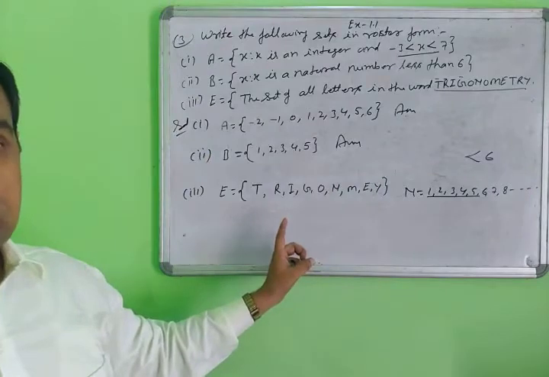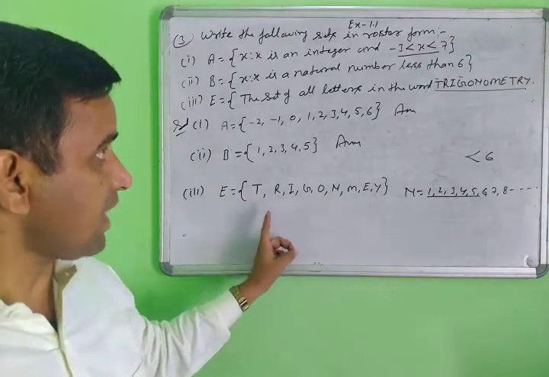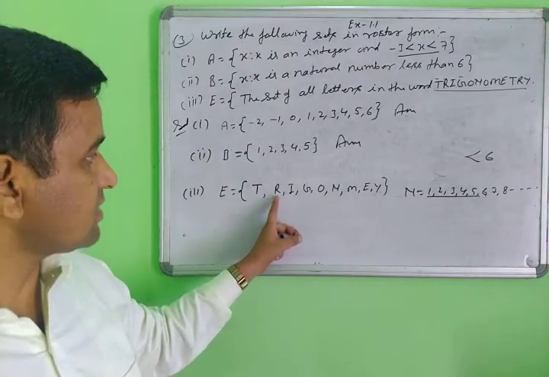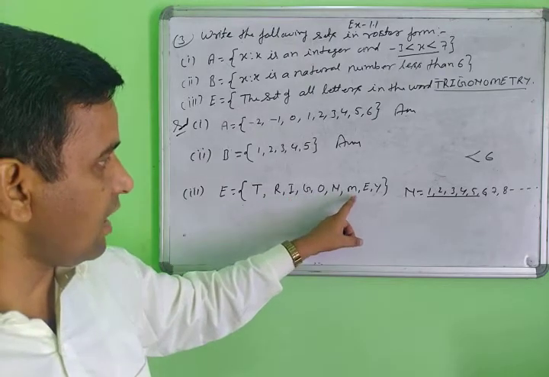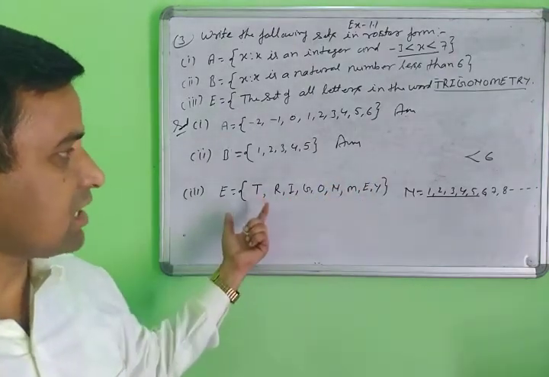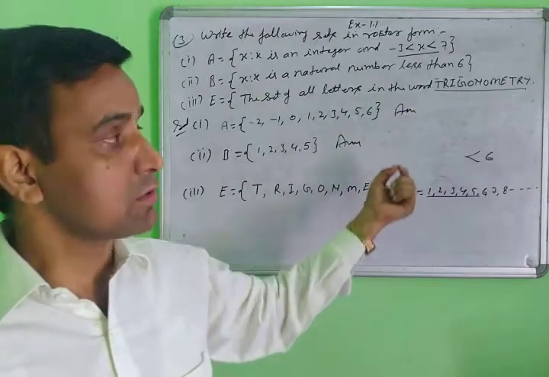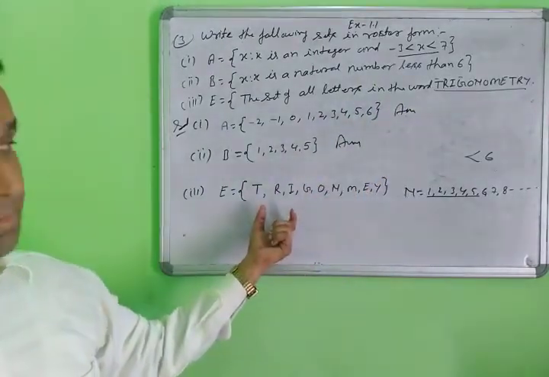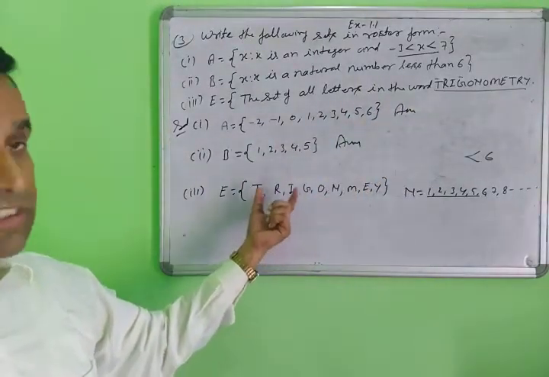You write each only once. T is single, R single, I, G, O, N, M, E, Y. Every letter appears a single time. Don't repeat letters. This is the second rule.